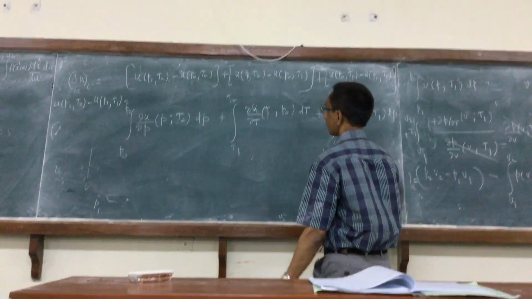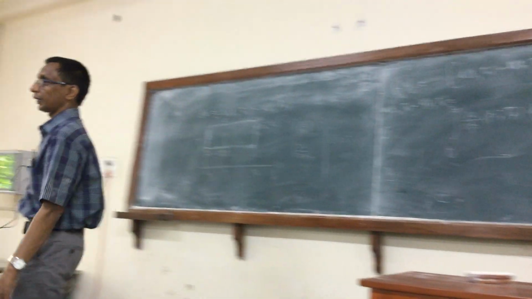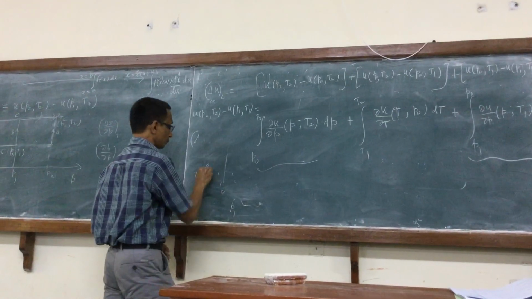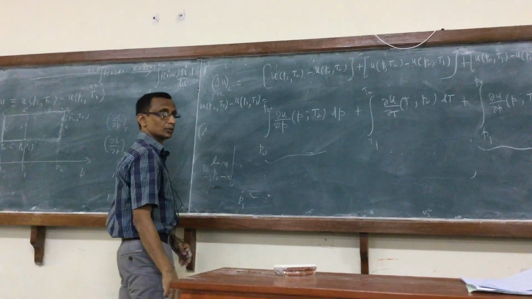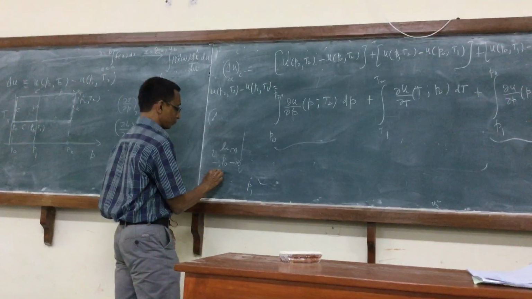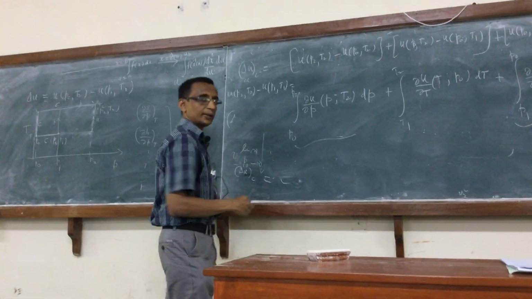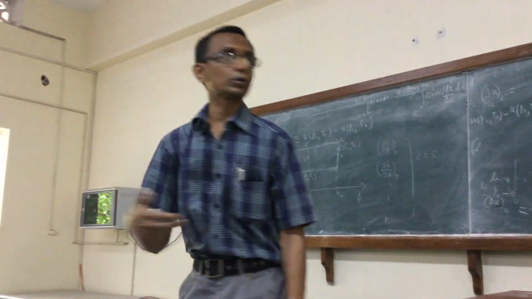So these integrals I know how to handle, right? So let us evaluate it using the equation of state. Now let us take the limit as P naught goes to 0. That's what I now denote as C. The C is now written after taking the limit as P naught goes to 0.